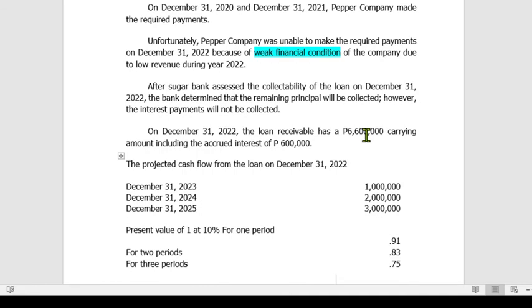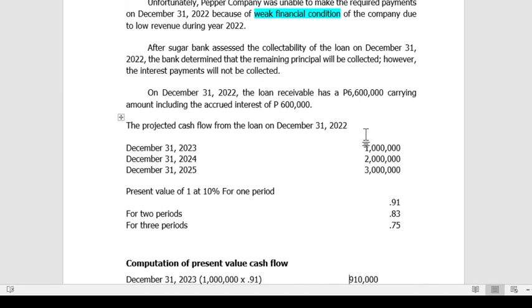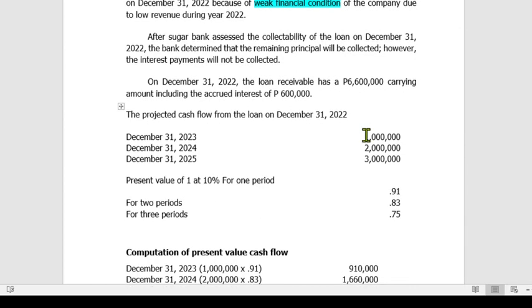The projected cash flow from the loan on December 31 is, so ito, sinet up na niya based on a study, careful evaluation and study ng mga experts ng company, ay identify nila na ang projected cash flow for the loan ay 1 million, 2 million, 3 million for 2023, 24, and 25 with present values at 0.91, present value of 1 at 10% for 1 period, for 2 periods.